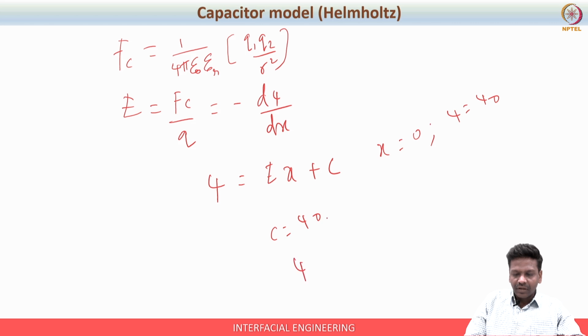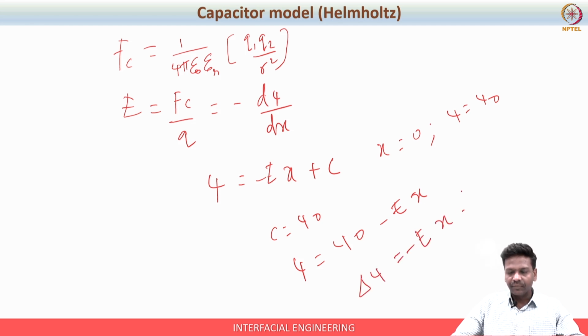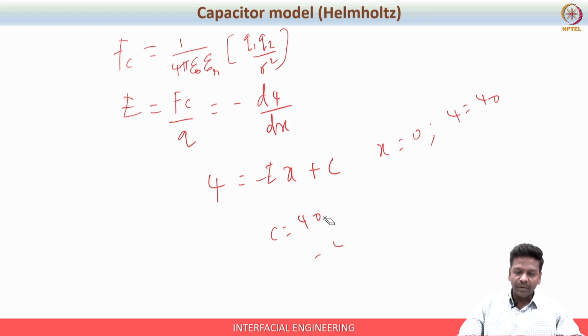So psi is expressed as psi naught minus Ex, or you can say del psi is nothing but minus Ex. Which means that psi varies linearly as a function of x, as proposed by Helmholtz, right?